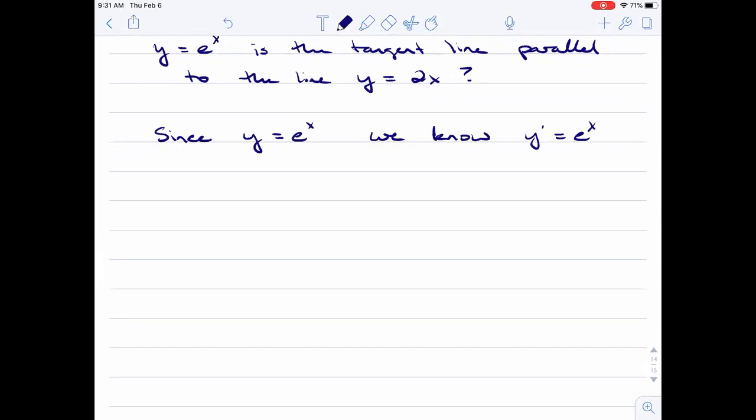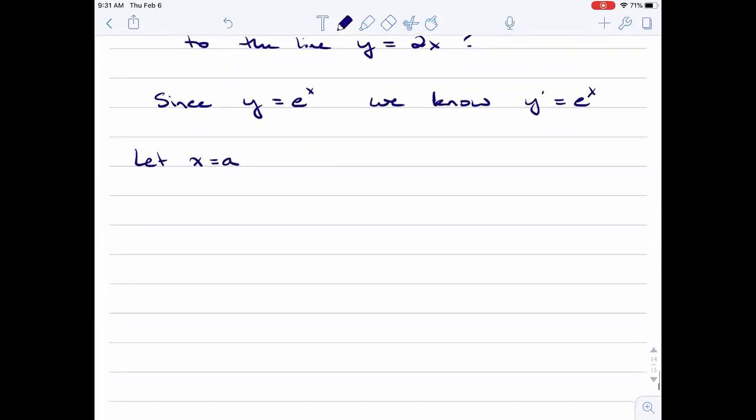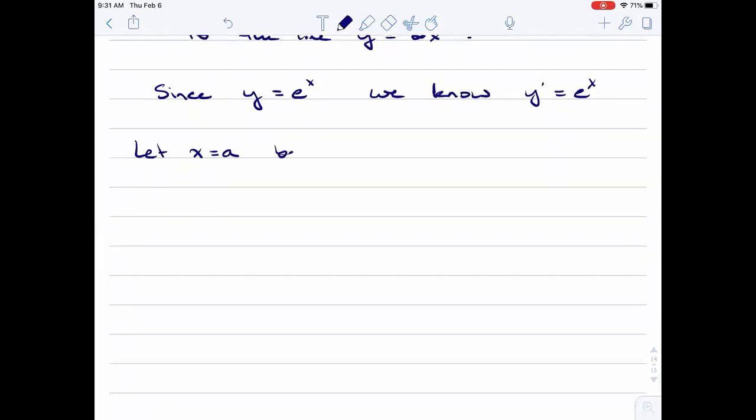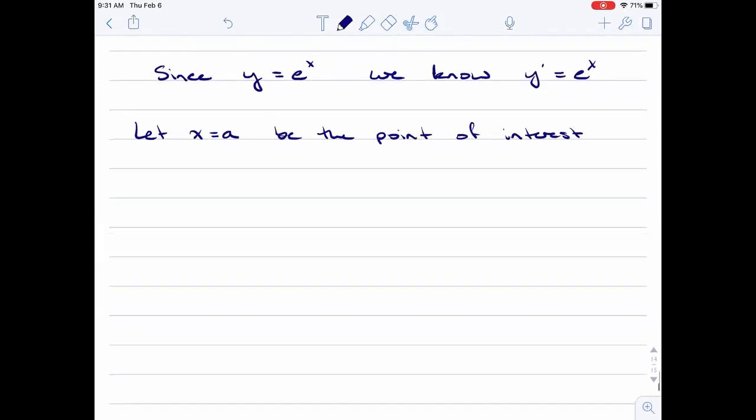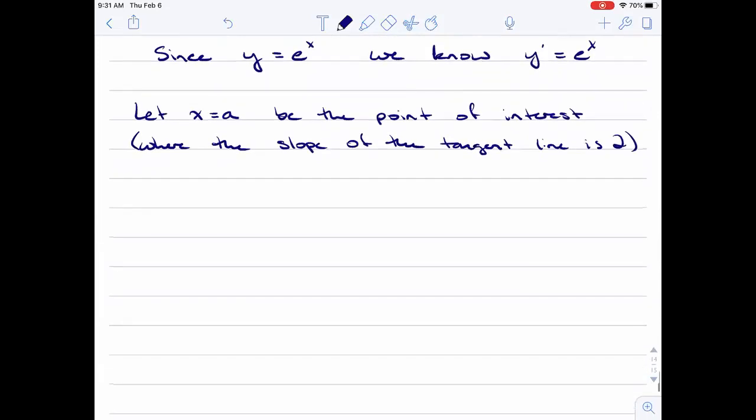So if we denote that point at x equals a, so let x equals a be the point of interest, where the slope of the tangent line is 2, right? Because we want it to have the same slope as 2x.